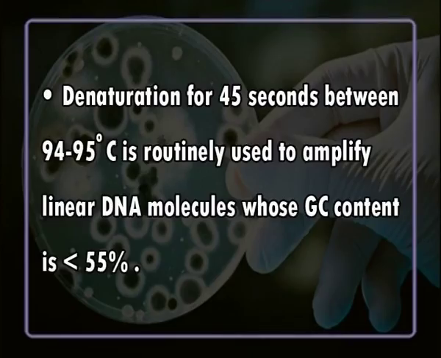However, this extended period of denaturation is unnecessary for linear DNA molecules, as it may sometimes be deleterious. Denaturation for 45 seconds between 94 to 95 degrees centigrade is routinely used to amplify linear DNA molecules whose GC content is less than 55%.